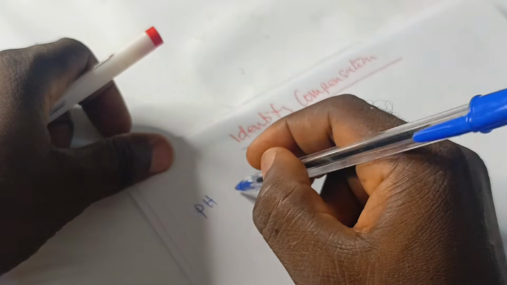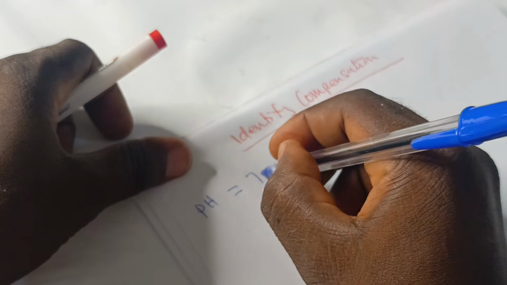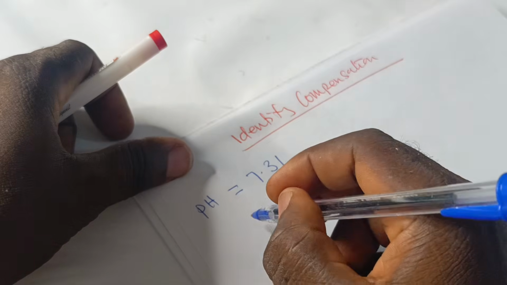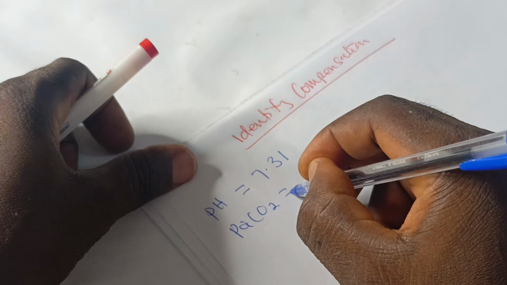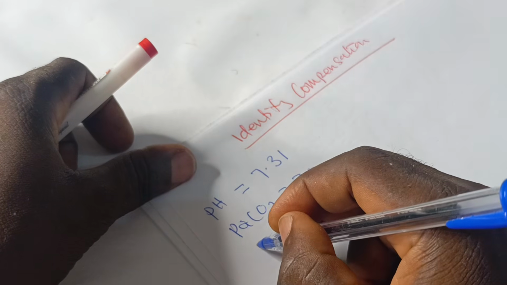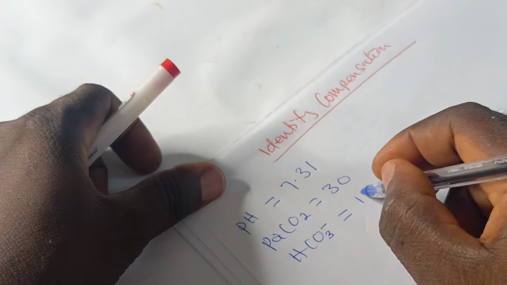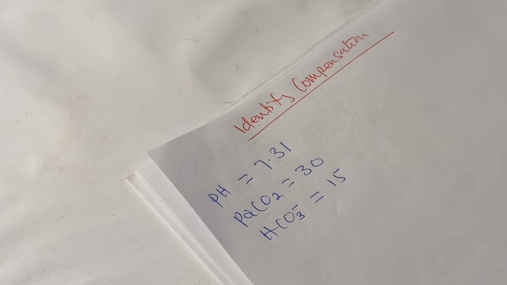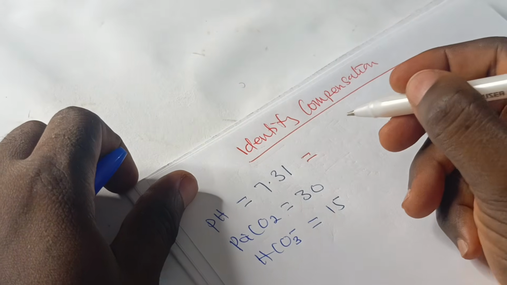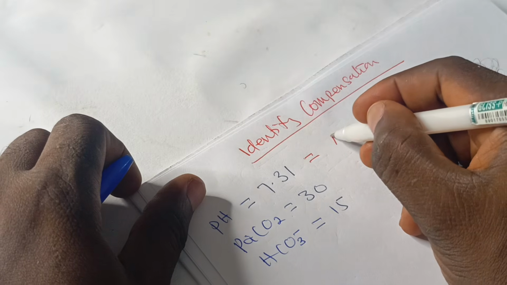So, for example, if your pH given to you is, let's say, 7.31, partial pressure of carbon dioxide is, let's say, 30, then bicarbonate is 15. Now look at the values. You can see that this value, the pH, let's interpret the pH. How will you interpret that? Is it high or low? It's low. So this is what? Acidosis.